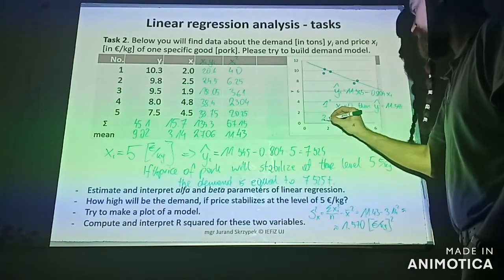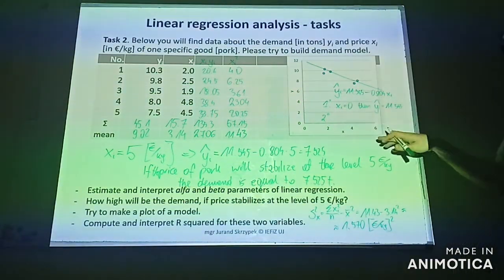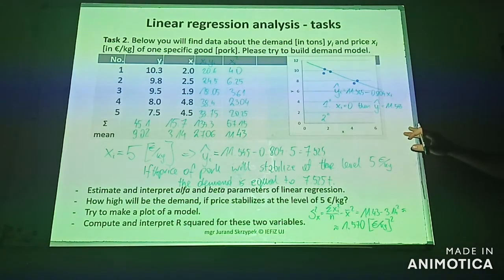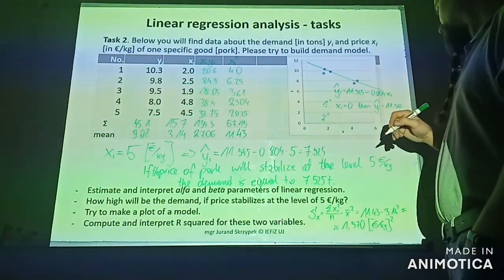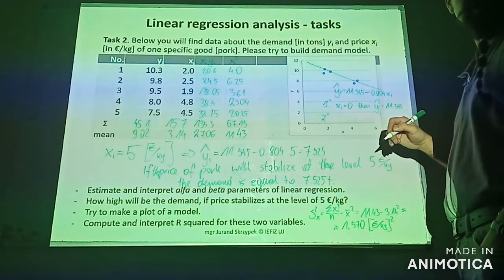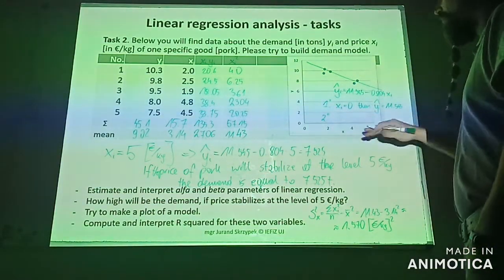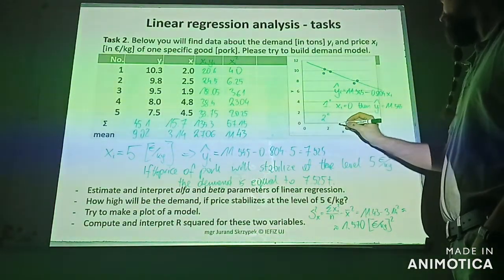And the second question is about the cross point of our straight line and the horizontal axis. Let's try to find this cross point between our model and the horizontal axis.